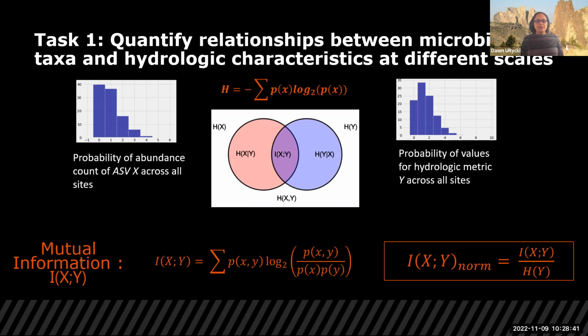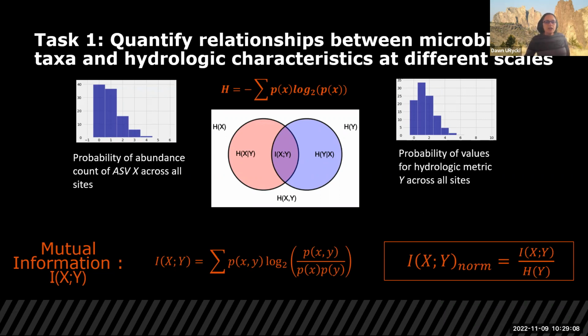Here we analyze entropy of random variables X and Y, where X is the abundance of some ASV across all sites, and Y is the value of some hydrologic metric like mean January discharge across all sites. So we develop histograms of observed mean flows across all sites and then use those probabilities to determine the entropy of that metric.